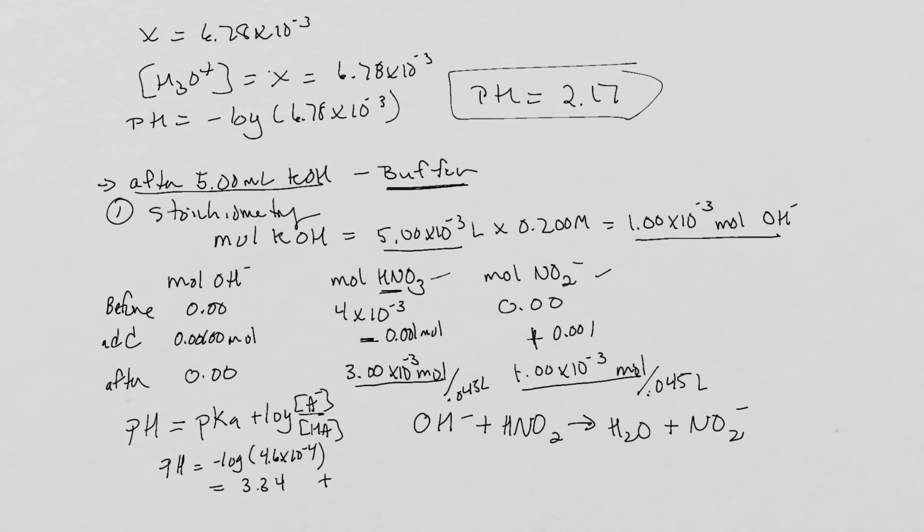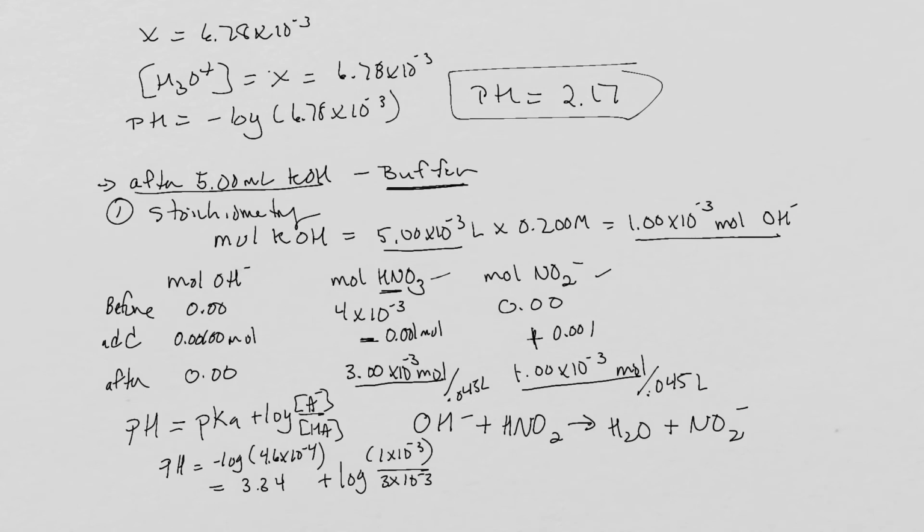Plus the log of the conjugate base, so that is 1 times 10 to the minus 3 over the acid, 3 times 10 to the minus 3.